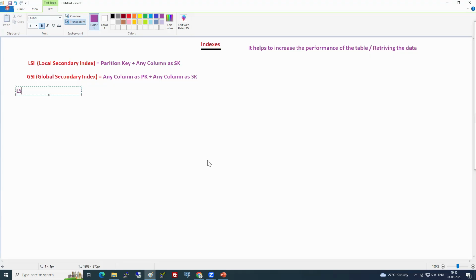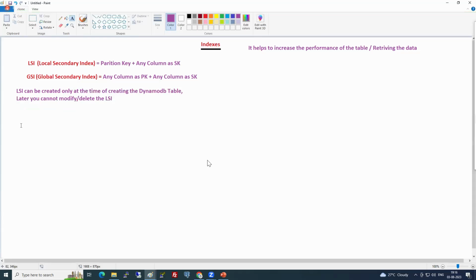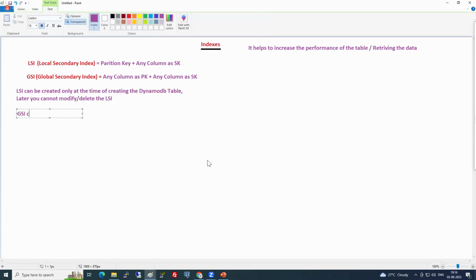LSI can be created only at the time of creating the DynamoDB table. Later, you cannot modify or delete the LSI. Whereas GSI can be created, modified, and deleted anytime. Super.